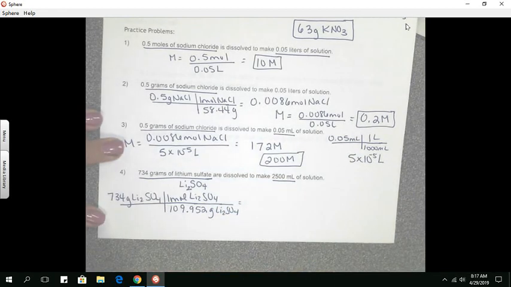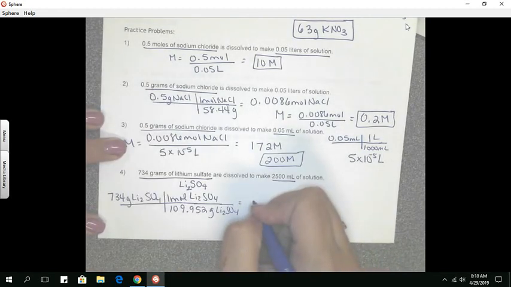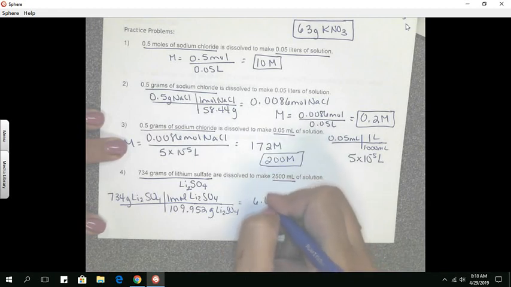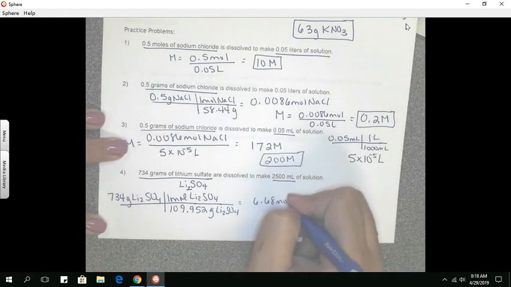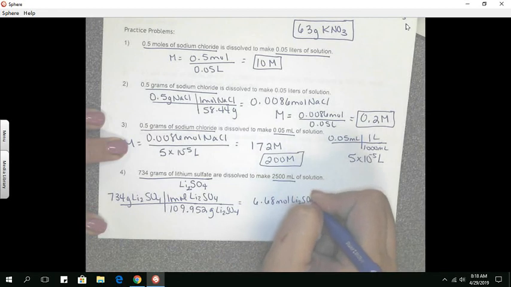Then we divide 734 by that, and we get 6.68 moles of lithium sulfate.